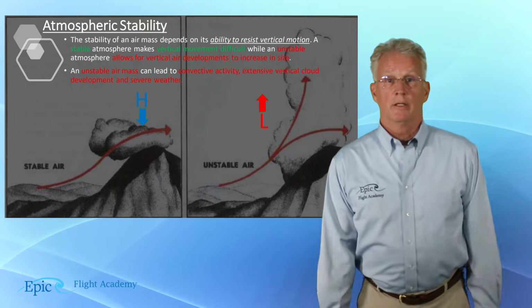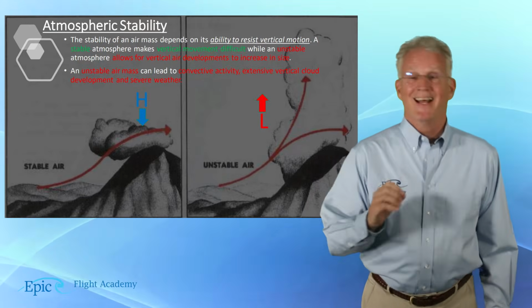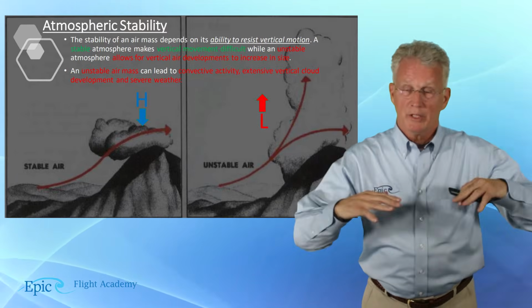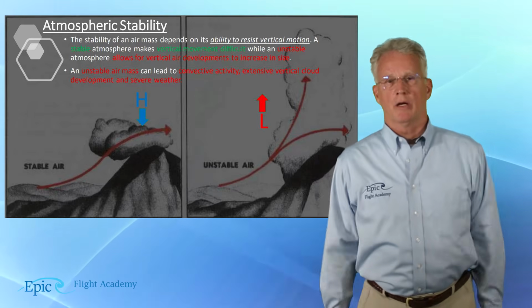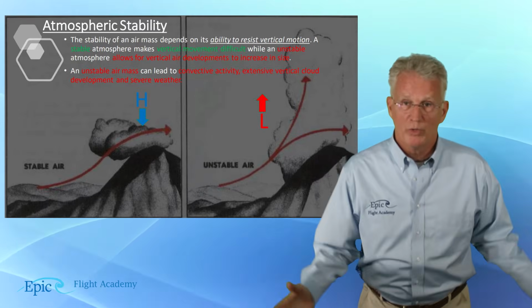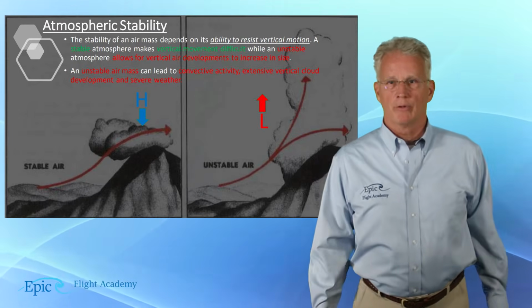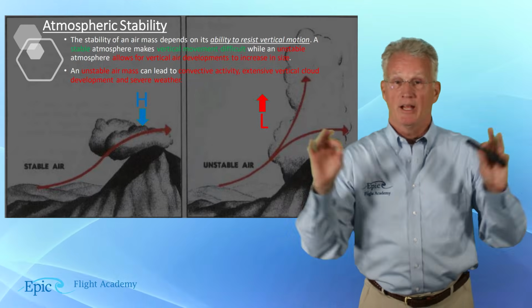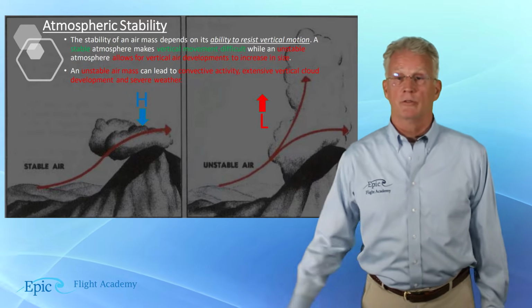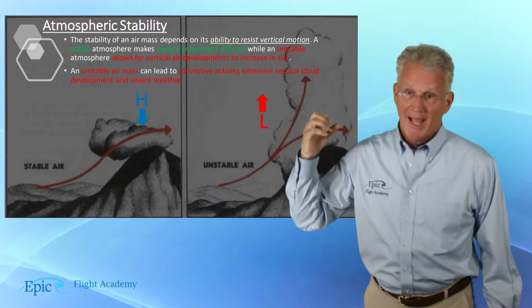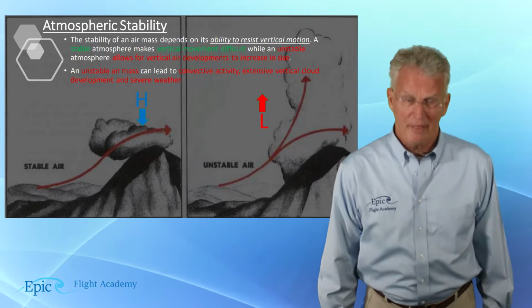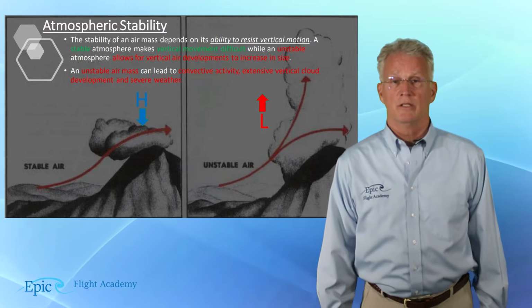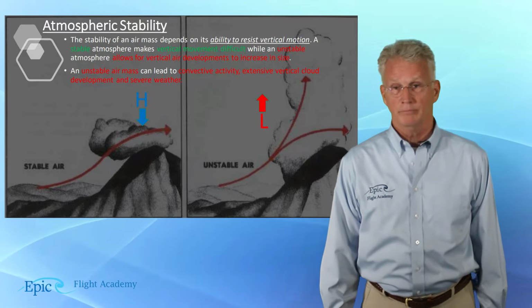The stability of an air mass depends on its ability to resist vertical motion. Stable air or a stable atmosphere resists that vertical movement, while an unstable air mass can lead to convective activity, extensive vertical cloud development, and with that, we typically see severe weather.